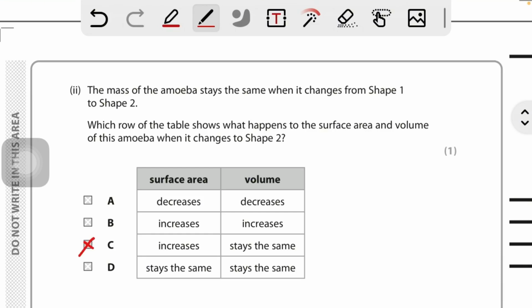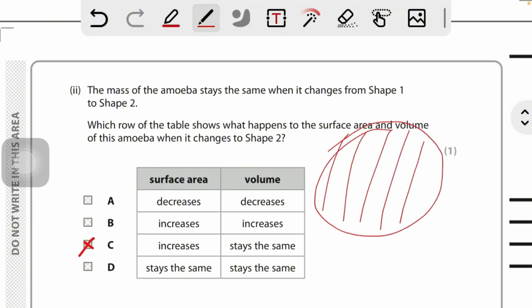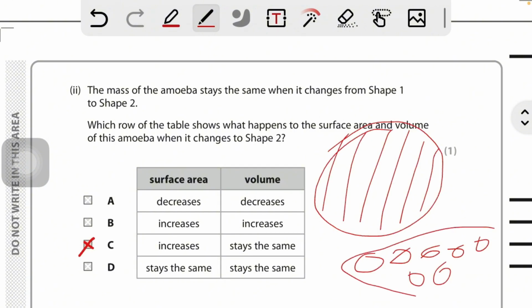We know that, for example, this is a big potato. Okay, suppose it's a big potato and it's a sliced one. So which one has a greater surface area? Of course this one, because it's cut and it has more area exposed.